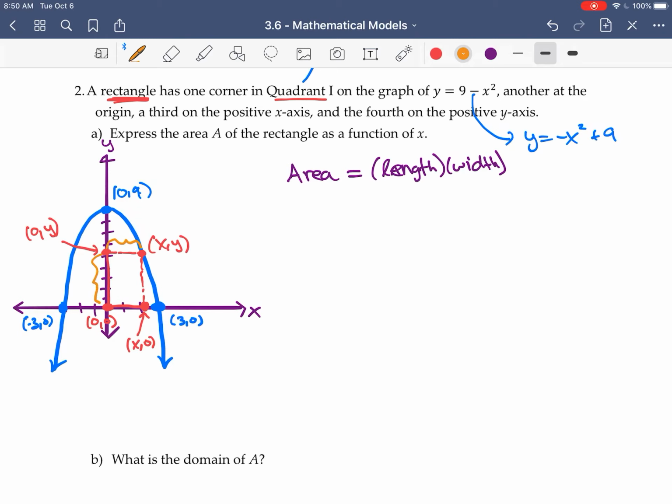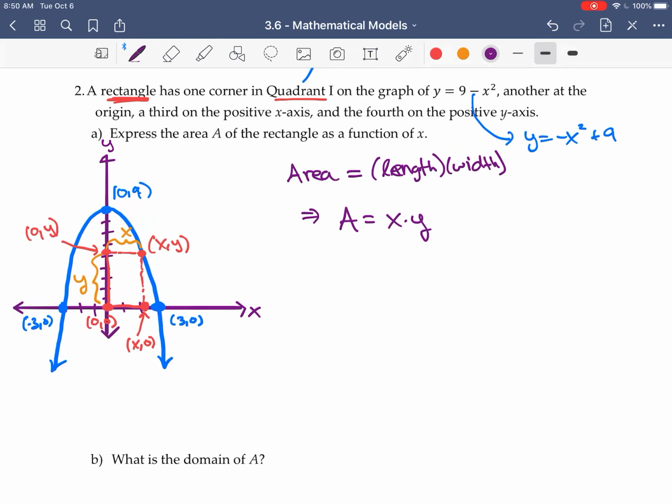Because this point up here is at (0, y), it's y away from this point, so this length is y. Similarly, this length up here is the same as this length down here, and it goes from x equals 0 to x, so it has length x. So the length and the width are x and y, which means my area is x times y.